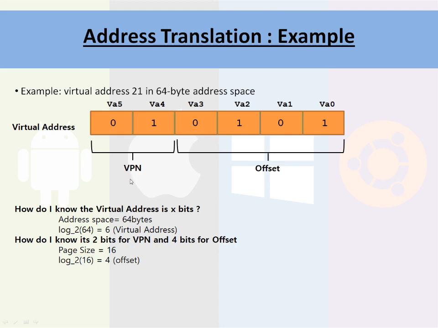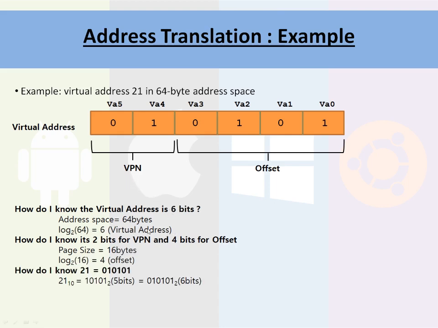Okay, cool. So what we can do then is take my 21 and convert it to binary. So 21 in base 10 is 10101 in base 2. It's only 5 bits, but I'm storing it in a 6-bit value or 6-bit register in our virtual address. So I just put a 0 in the front.